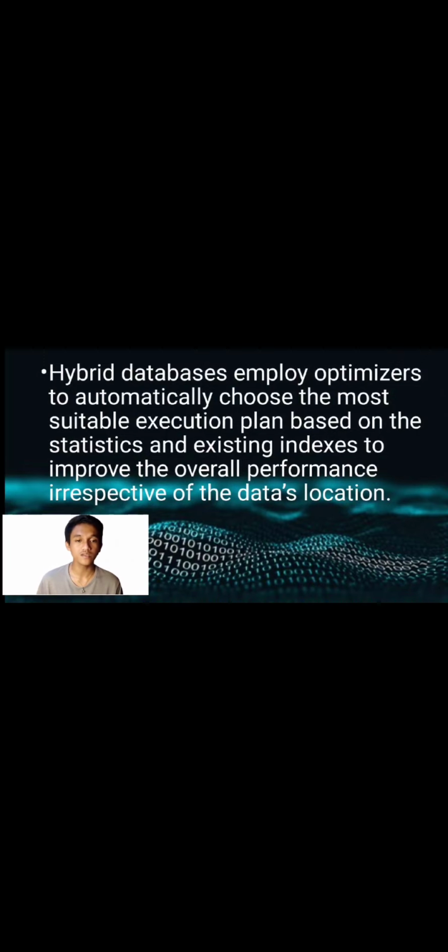The hybrid database optimizes the transactional and analytical queries by supporting both row-based storage for transactional queries and column-based storage for analytical queries. With a single database instance, all the data is kept in a manner that optimizes the current operation.